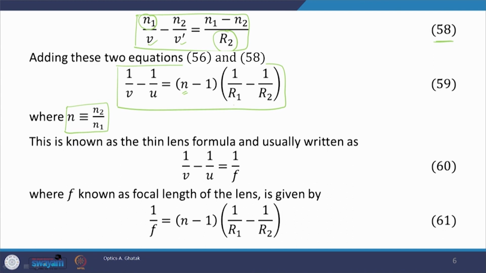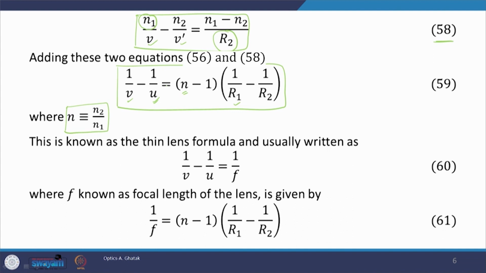R1 is the radius of curvature of the left spherical surface and R2 is the radius of curvature of the right spherical surface. And what are u and v? u is the distance of the object from the lens and v is the distance of the final image I from the lens.